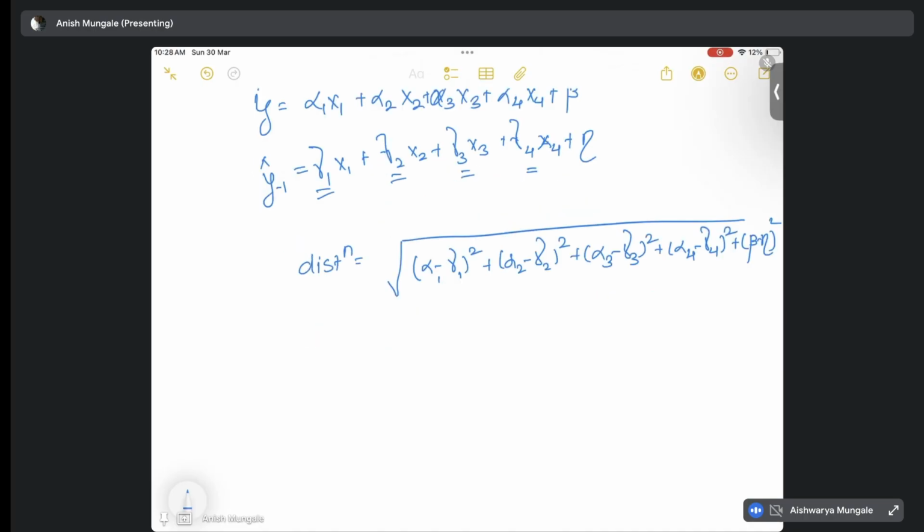Now, the distance that we calculated, let us call it distance. This distance should be less than 3 into k plus 1 divided by n, where k is the number of features and n is the number of rows.